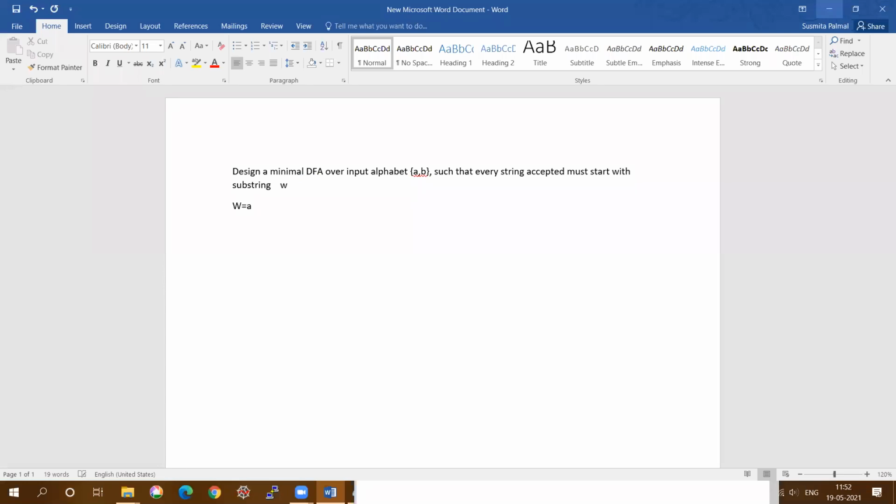Minimal DFA means, we already know what is DFA. We know about the number of tuples and the definition of DFA, which one is called DFA and all. And what is the meaning of minimal DFA?